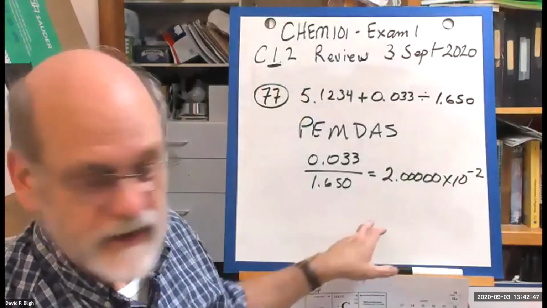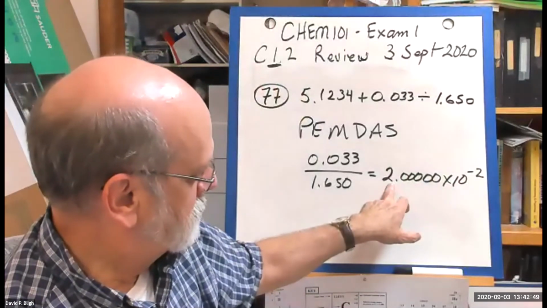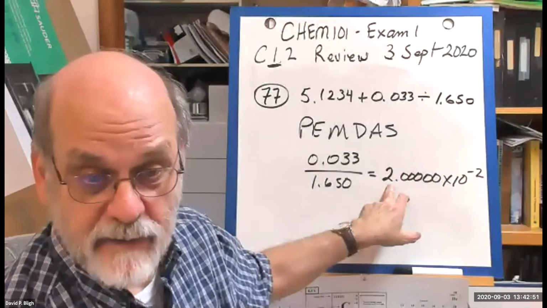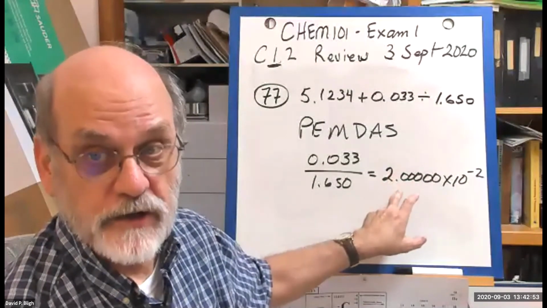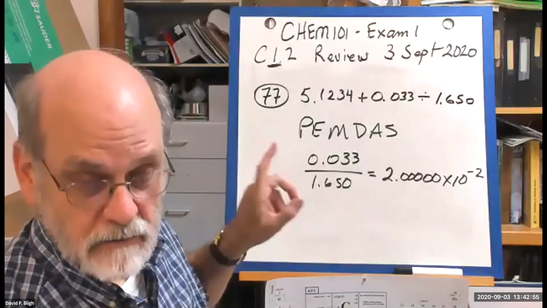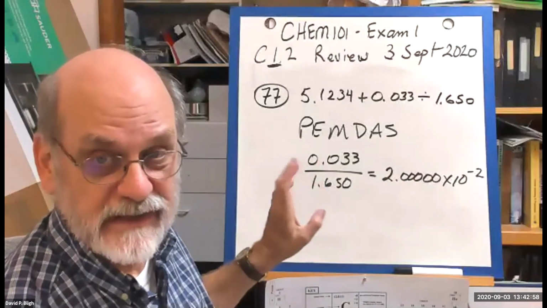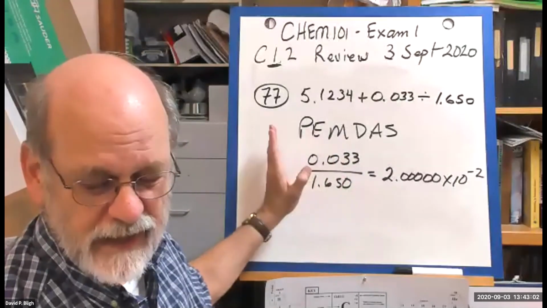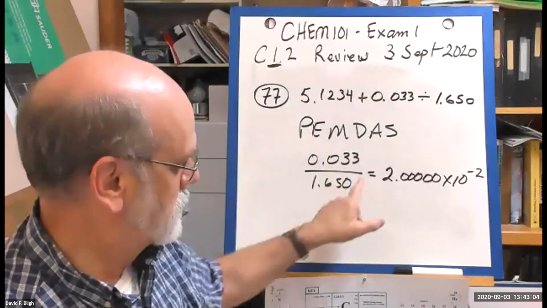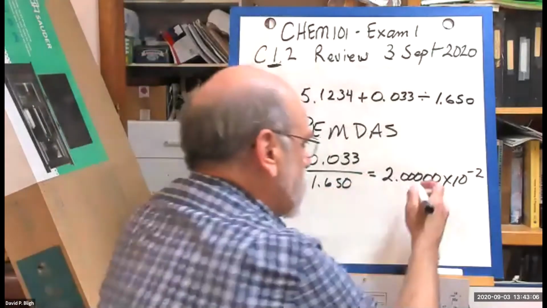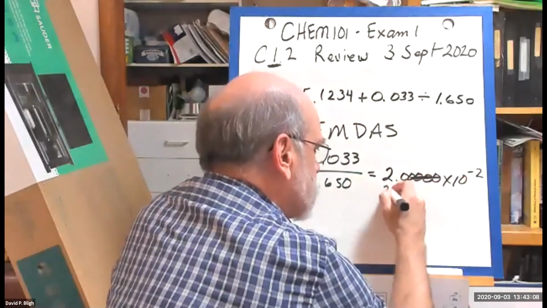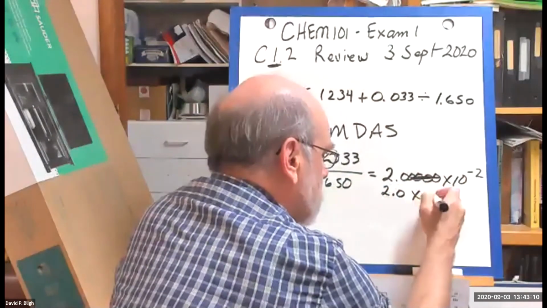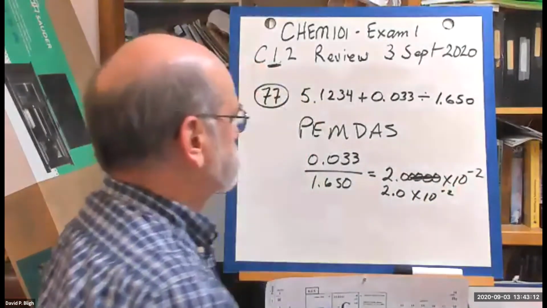Now, how many of these places can we keep in our coefficient? Well, this is a divide, so we use the least number, which is 2, right? Zeros to the left don't count. So that's 2, and we have to round it to this position, 2.0 times 10 to the minus 2.